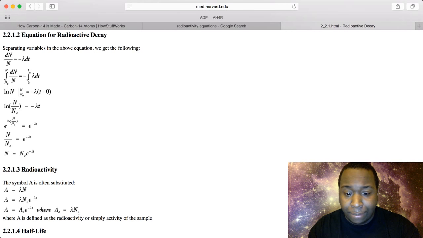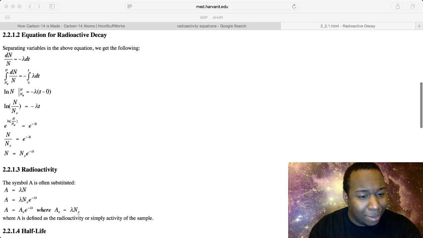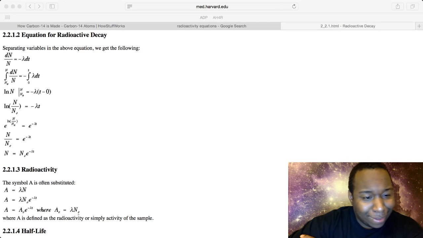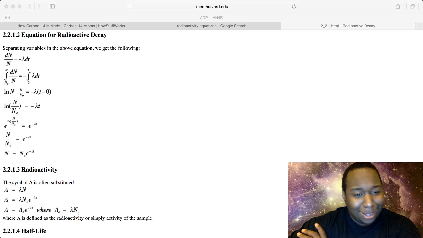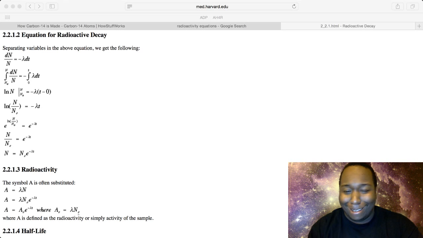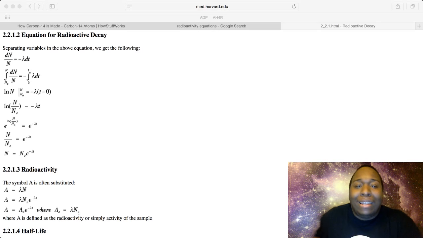So let me go ahead and look at the comments. We don't want carbon 14 unless it's in a thick lead box. Well, luckily, because carbon 14 is actually within our body, and it does undergo beta decay.